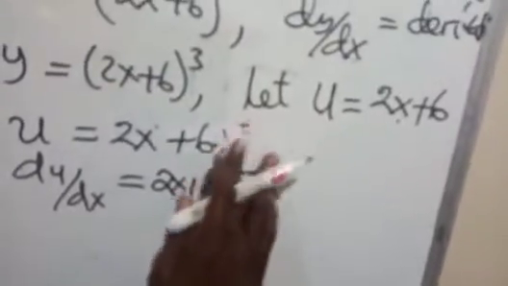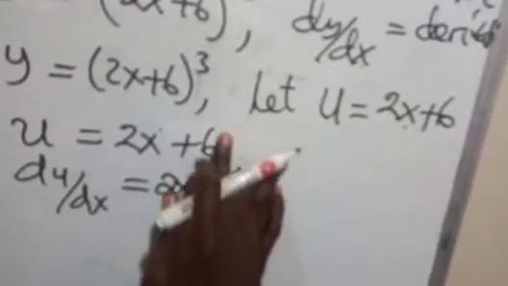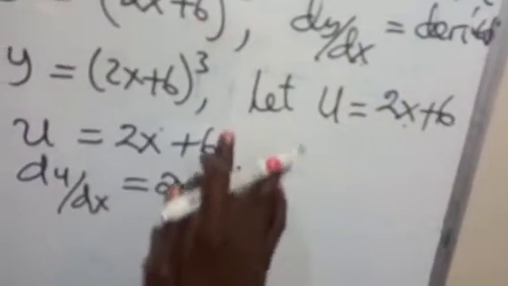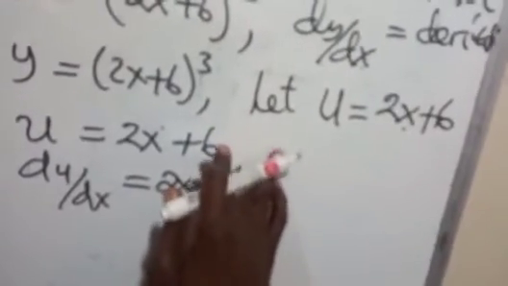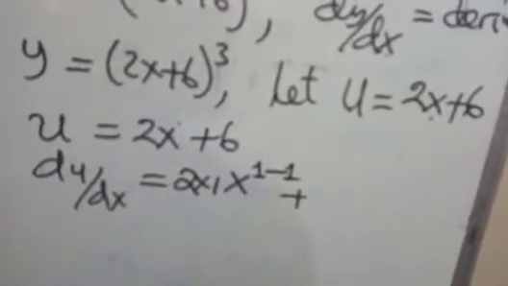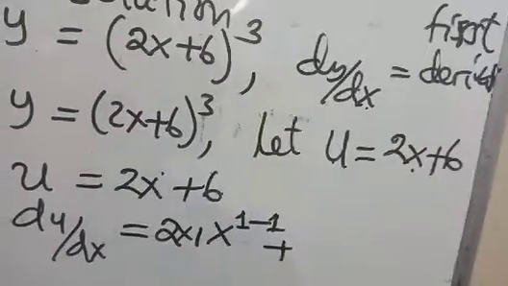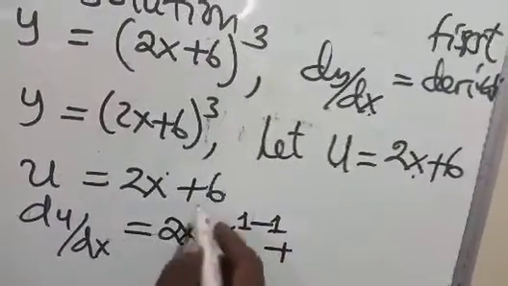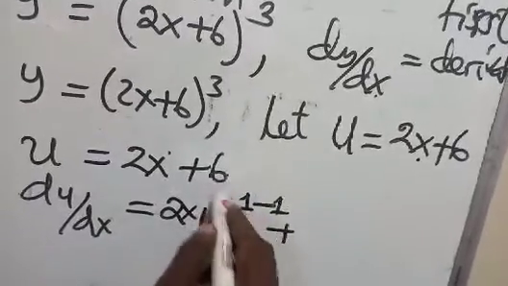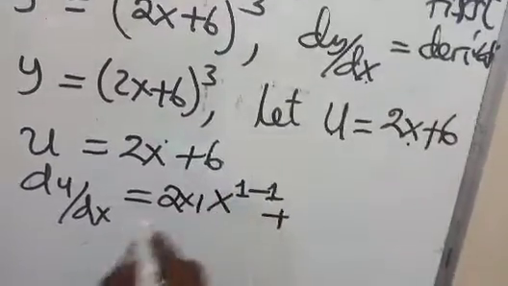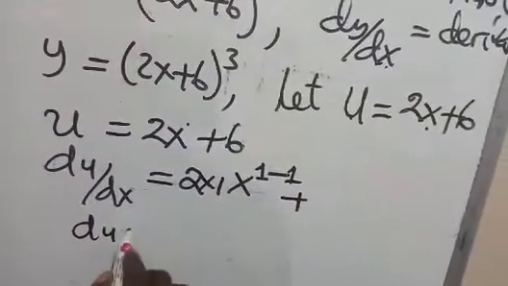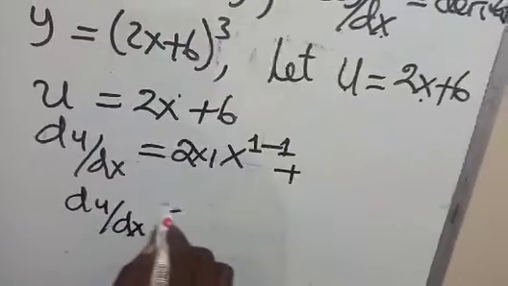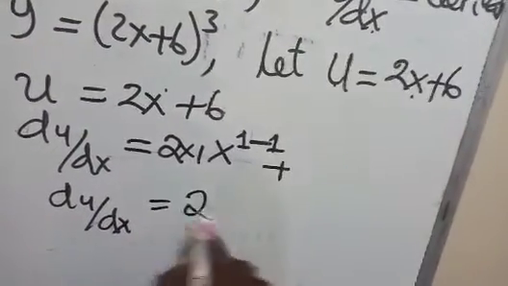Therefore, when you differentiate a constant number, we say the answer is 0. So for that case, when we differentiate 6, we get 0. So here we remain with du/dx is equal to 2.